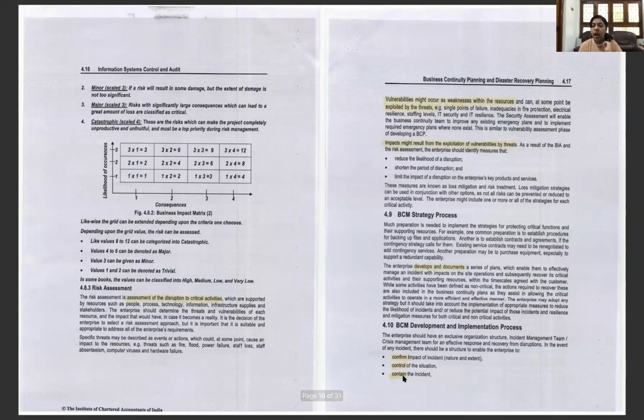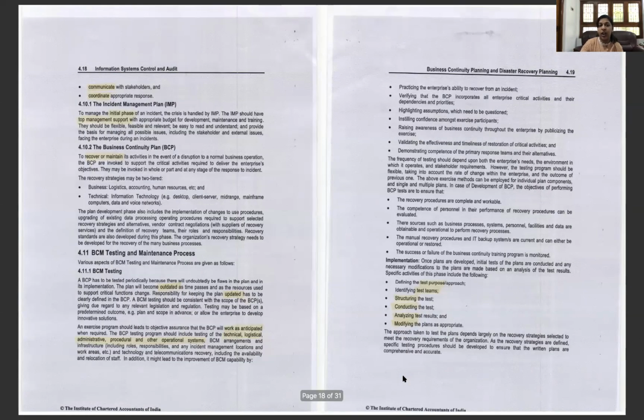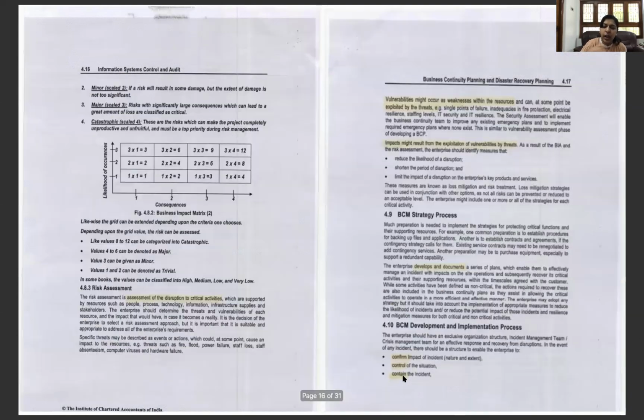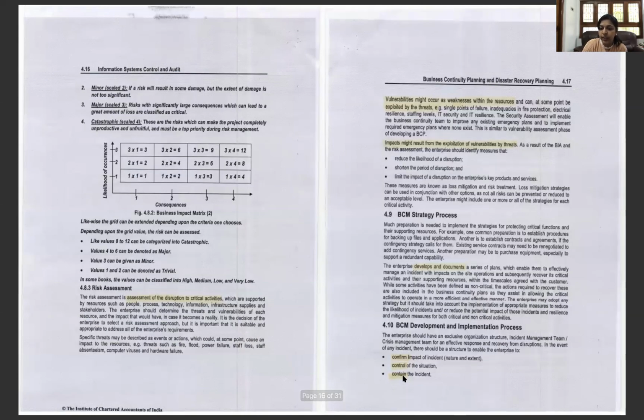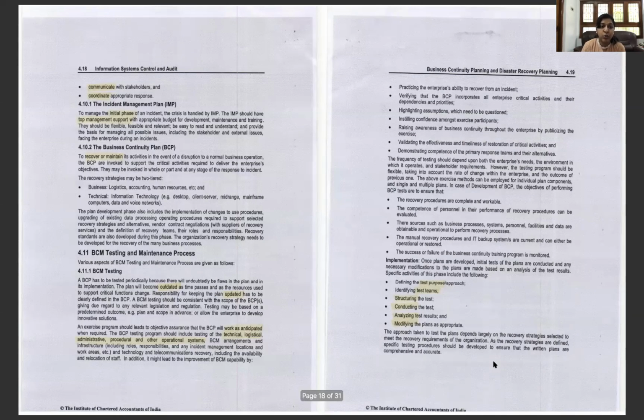What are those? Confirm, control, contain, communicate, and coordinate. And for this process, we have two kits. Okay, they are the incident management plan and the business continuity plan. So the development and implementation plan has two subparts, which are the incident management plan and the business continuity plan.